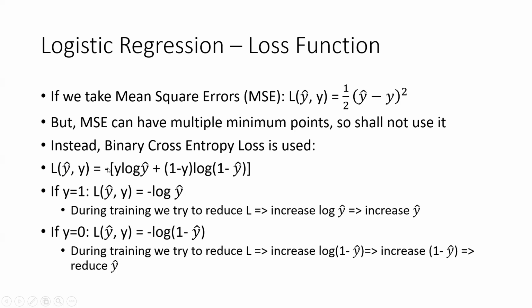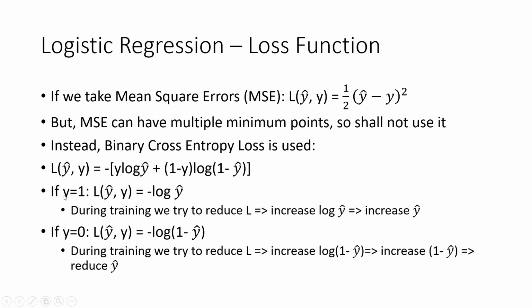This loss is defined by this function, where entropy is generally given by a negative value, so it starts with negative y log y hat plus (1 minus y) log (1 minus y hat). So this is the cross entropy loss.